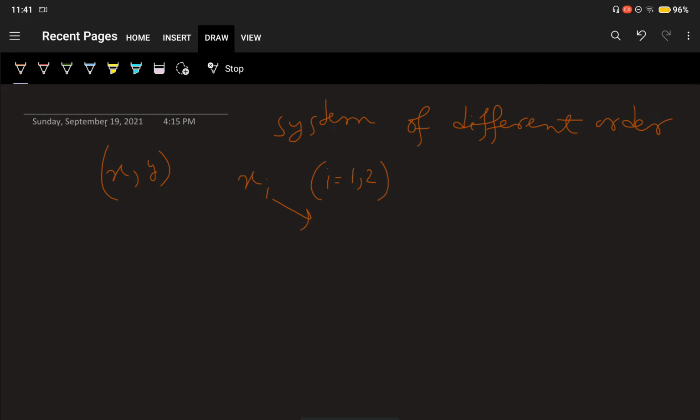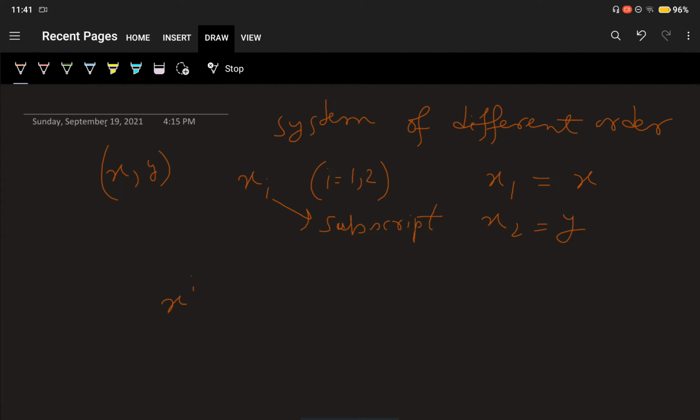x subscript i stands for 1 and 2, and x1 means x, x2 means y. Now this subscript can also be written as a superscript.